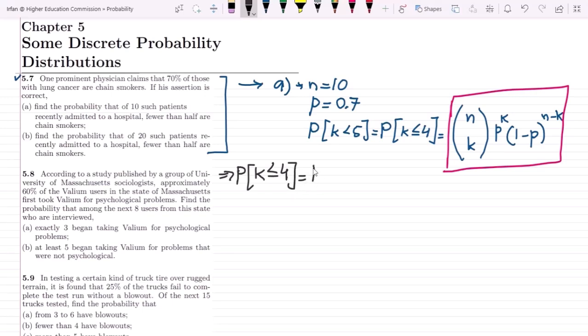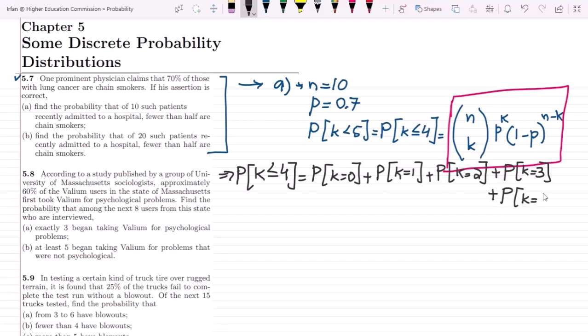It will be the probability that k equals 0, all the values which correspond with this condition, and also the probability that k is equal to 1, plus the probability that k is equal to 2, plus the probability that k is equal to 3, and also the probability that k is equal to 4.